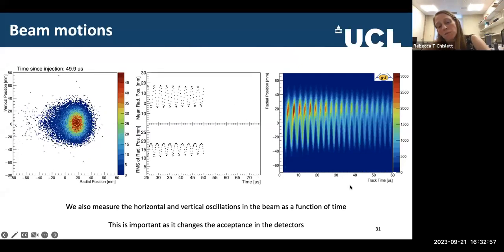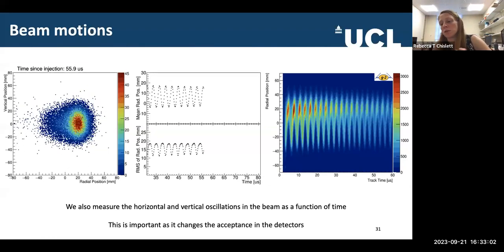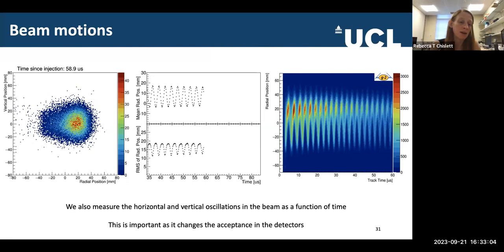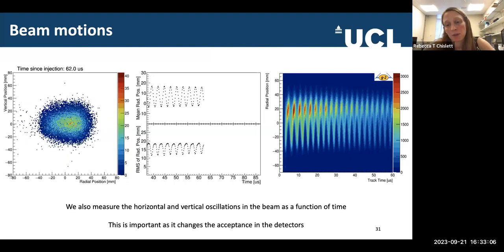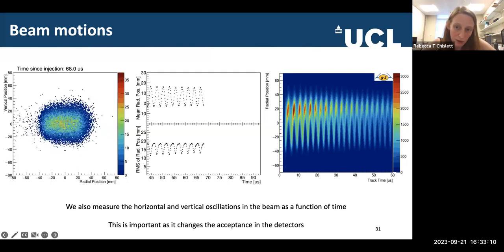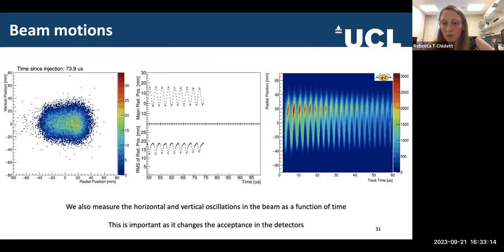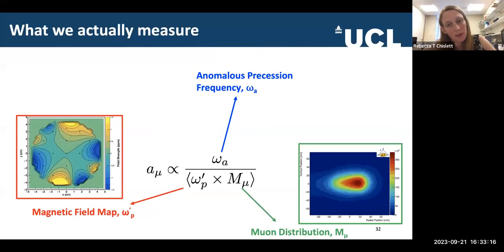And these become important because of the detector acceptance. Depending on where the beam is in the ring, it changes the acceptance of our detectors, and this has to be included in the measurement, which comes into play in the measurement of the precession frequency.